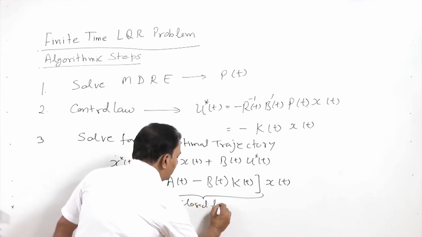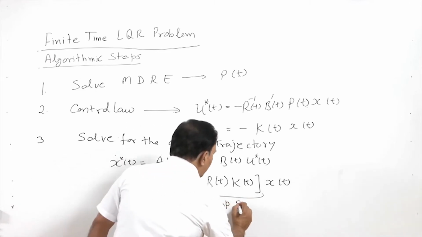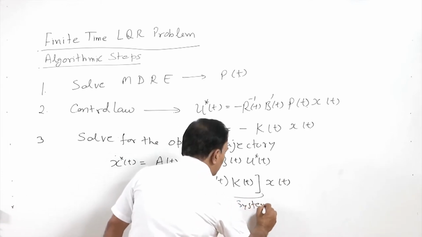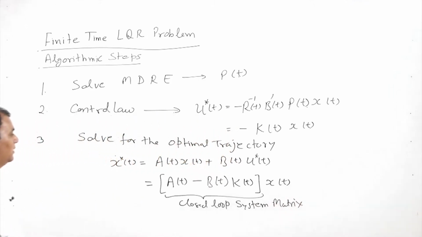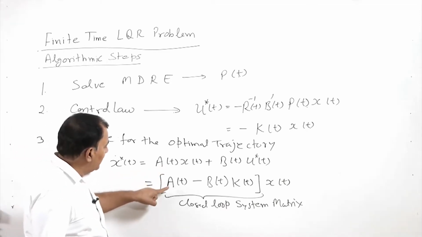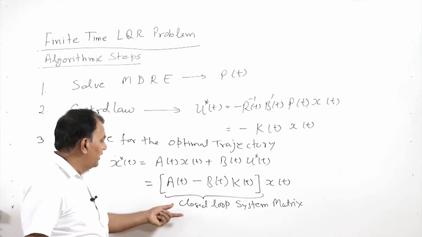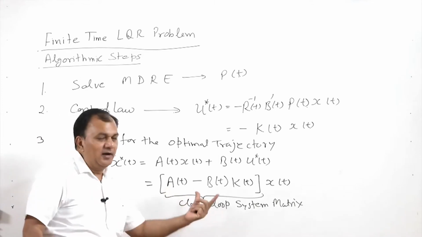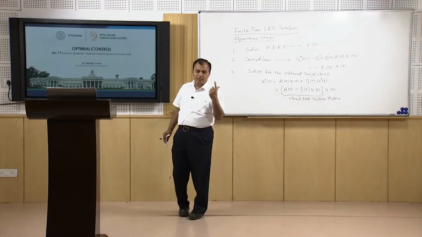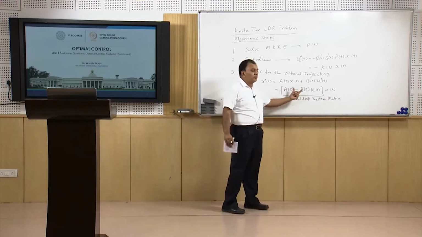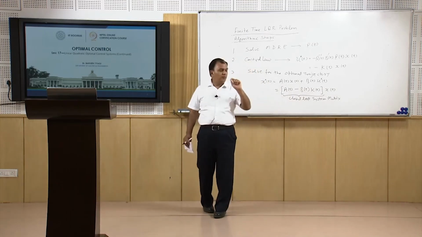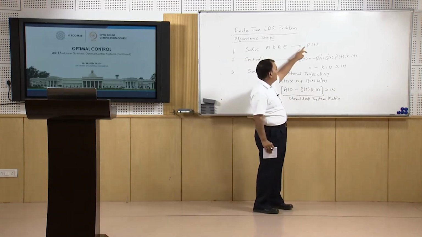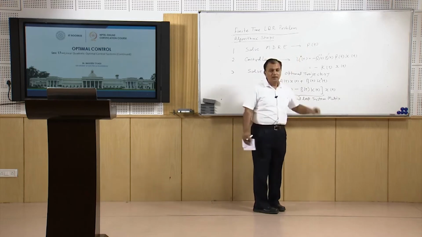So, this at minus bt kt is my closed loop system matrix. Whatever be the state of the AT, we will show later on, my closed loop system matrix will be a stable matrix if we are able to find out the value of the PT such that UT can be determined.